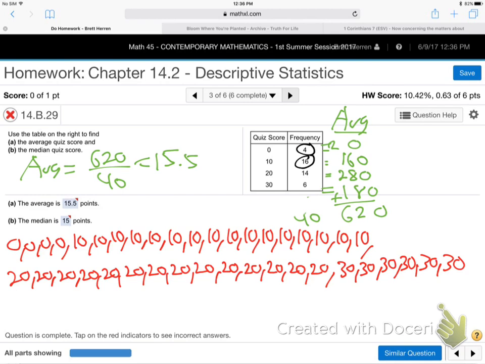The next 16 numbers are tens. That's 20 numbers. So the 20th number is the last 10. How do I know that? 16 and 4. Frequency. That's how many, right? And the 21st number must be that 20. Does that make sense there?